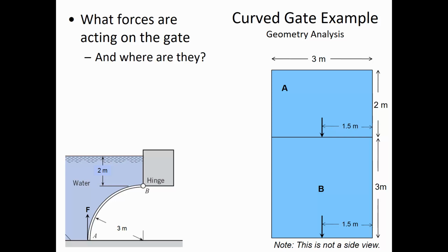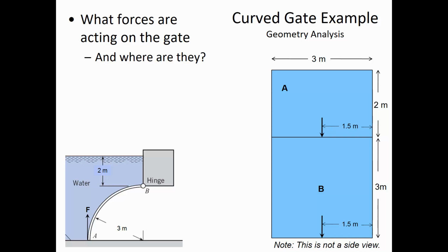So YCP is going to be y bar plus I divided by y bar A. So y bar is 3.5 meters plus I. Off here in the margins, I is 4 meters by 3 meters cubed divided by 12. Remember that we always cube the vertical parameter for a rectangle like this.